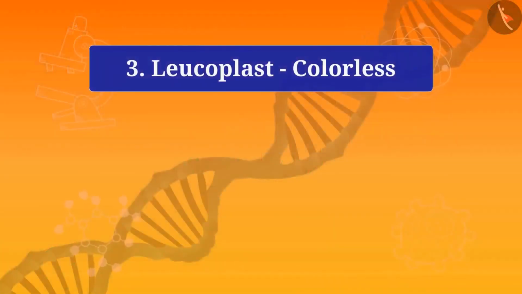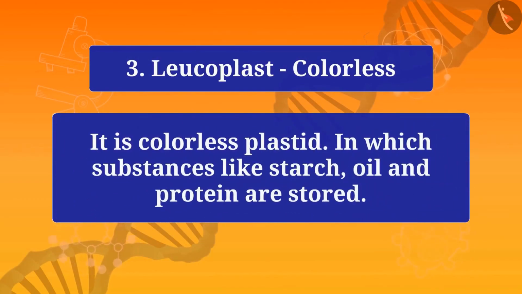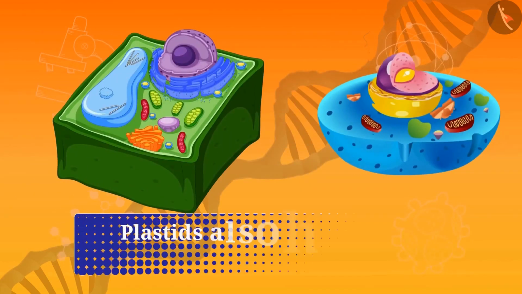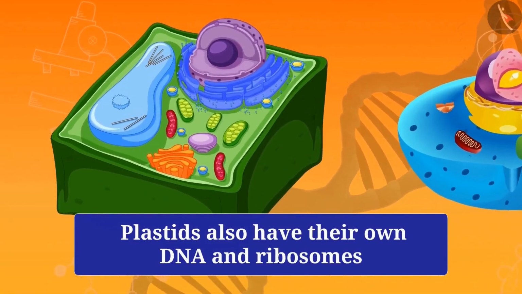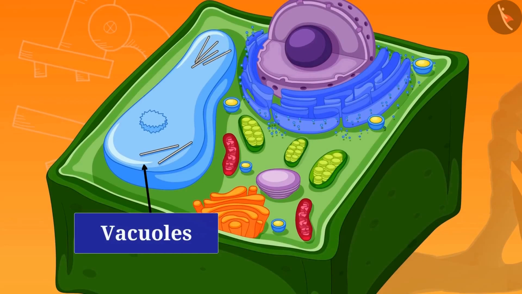Now, we will know about leucoplast. Friends, it is a colorless plastid in which substances like starch, oil, and protein are stored. Friends, do you know plastids also have their own DNA and ribosomes which help in synthesis of protein and light?